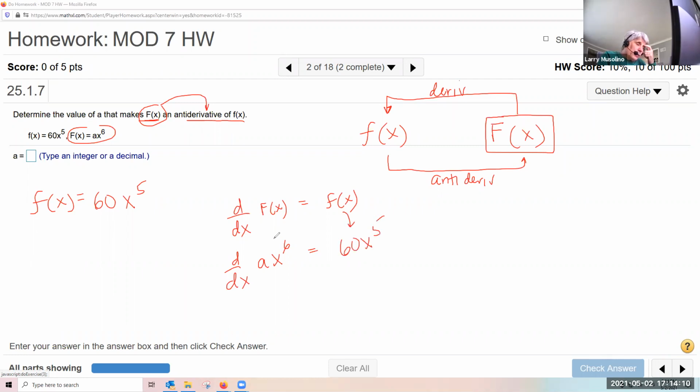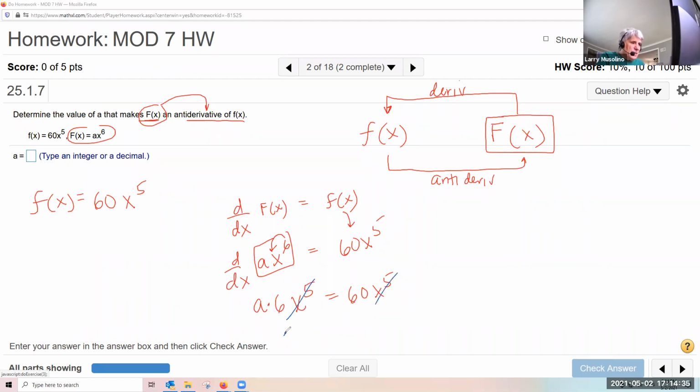Well, when I take the derivative of ax to the 6, this is the power rule for derivatives. The 6 comes down in front as a multiplier, and I subtract 1 from the exponent. Well, now I can pretty much see what to do with a. Because notice this x to the 5 is the same on both sides, so I can get rid of that.